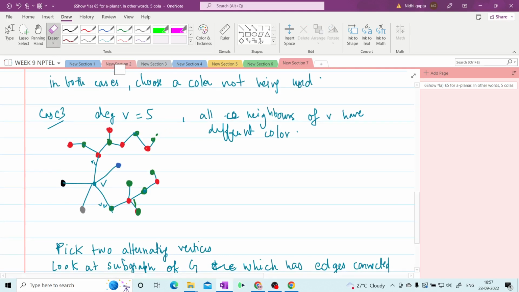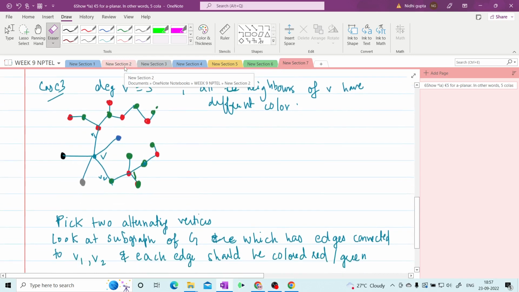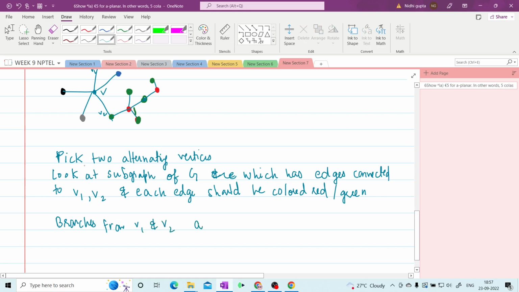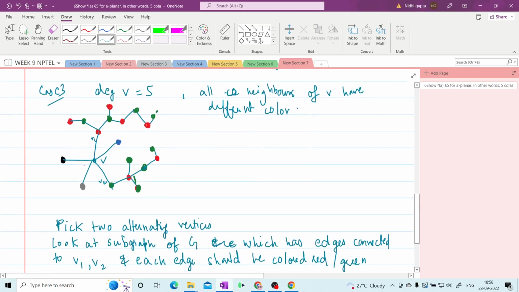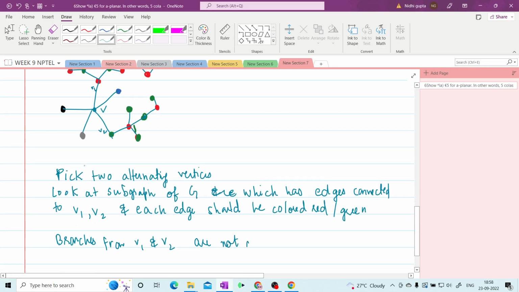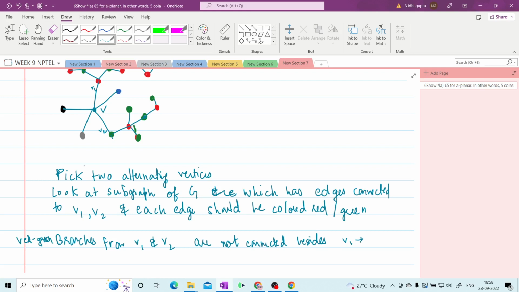The branches from V1 and V2 are connected by V, but they are not connected by any other path besides this path, V1, V2. The red and green branches also are not connected besides this path, V1, V2.